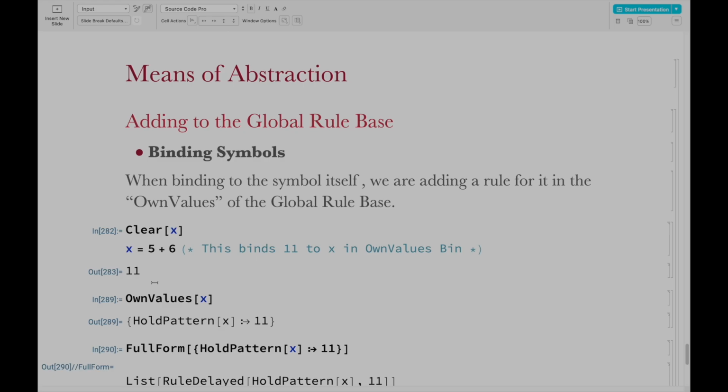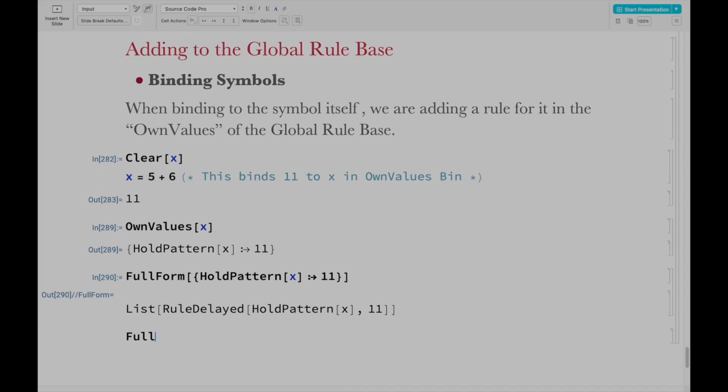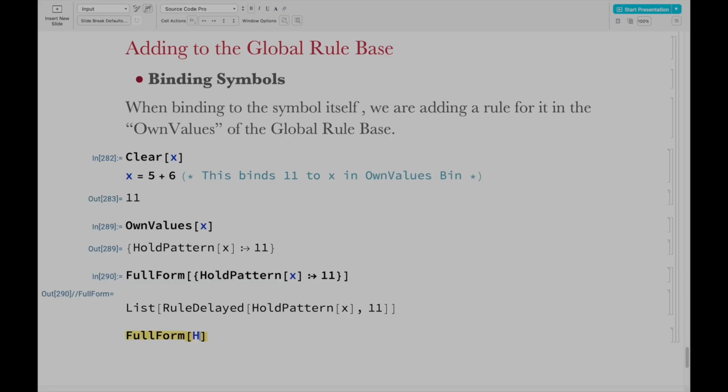Also, I haven't shown you the desugared form of the Set function. We can do that right now. I can say FullForm and then Hold so that it's not evaluated, and then copy it and put it in there.